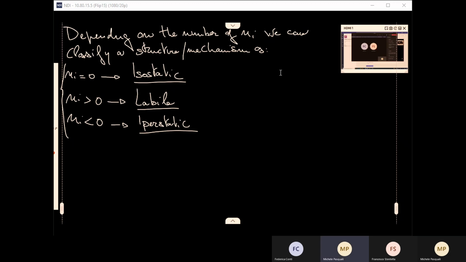We have another kind of classification, okay, for the constraints, because not all the constraints are the same.